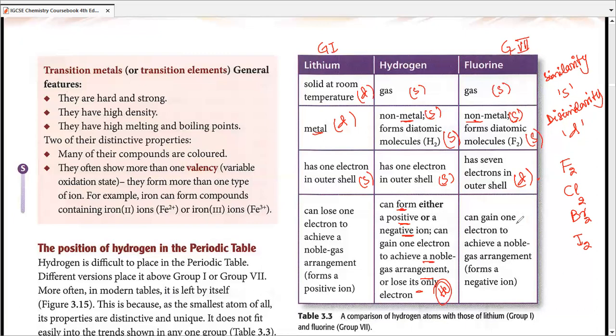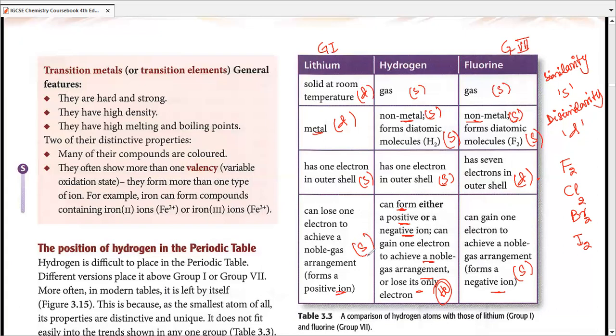Now, hydrogen is actually showing a dual behavior, forming both positive and negative ions. If I compare it with fluorine, fluorine tends to form a negative ion, so that's a similarity with hydrogen. On the other hand, hydrogen can lose one electron to achieve a noble gas arrangement, and that way it forms a positive ion, which is again a similarity with lithium.